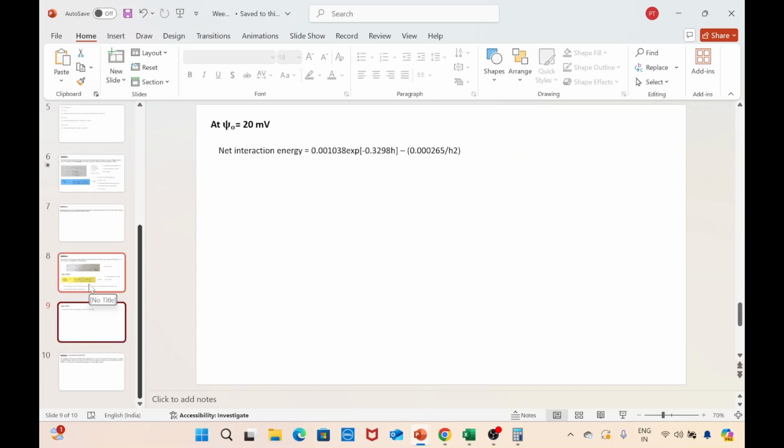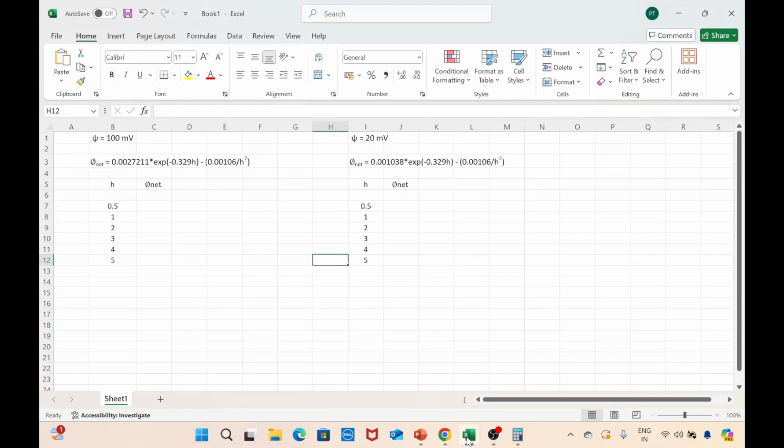Now we have the equations with us, and we just need to calculate how this is going to vary and plot the profile. For that, I'm going to take my Excel sheet here. Just a second, there is a small error.